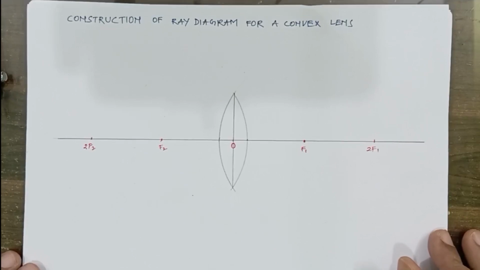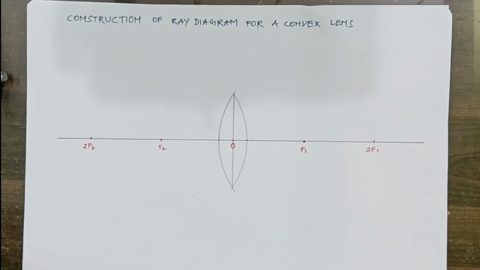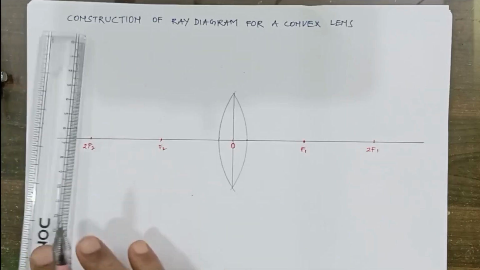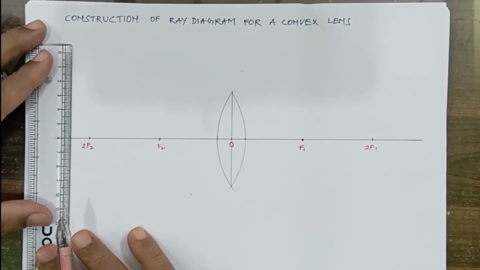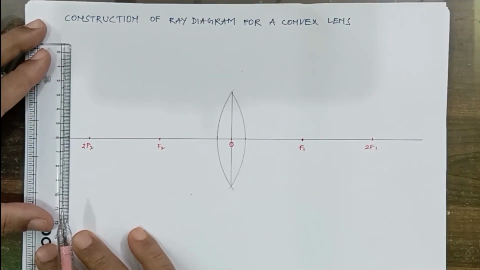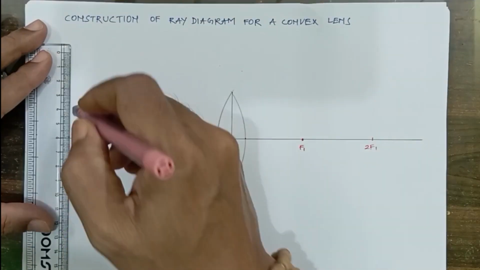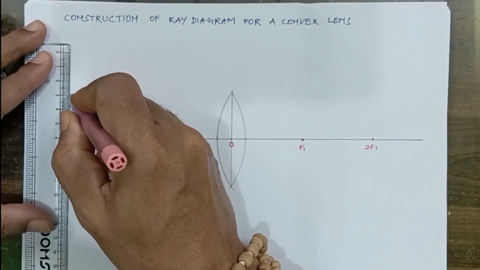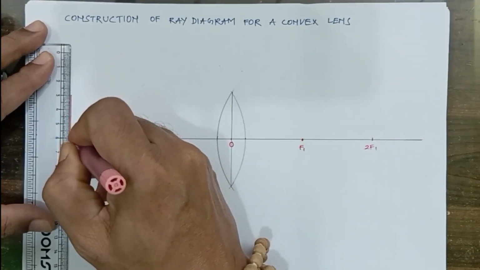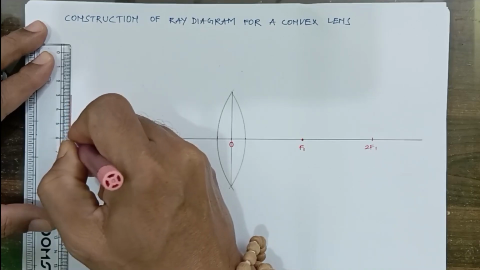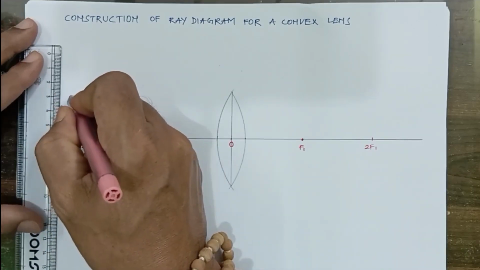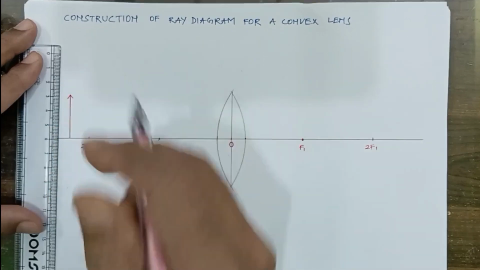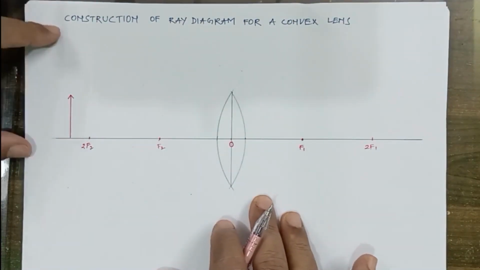Okay, first let us draw an object on the left side to some scale. So I am drawing an object of approximately 3 centimeters. So this is an object.